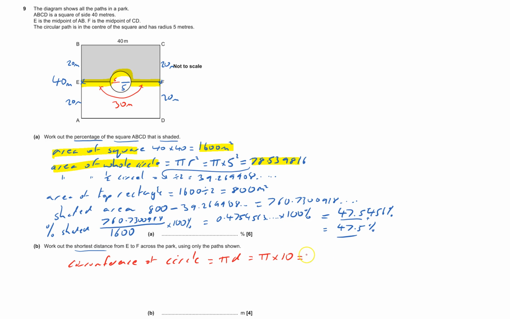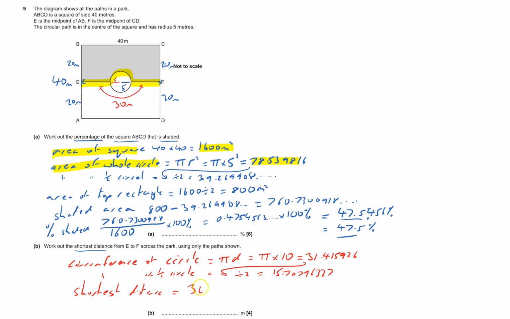And that equals 31.415926. Therefore, circumference of half circle or semicircle equals that number divided by 2, which equals 15.70796327.